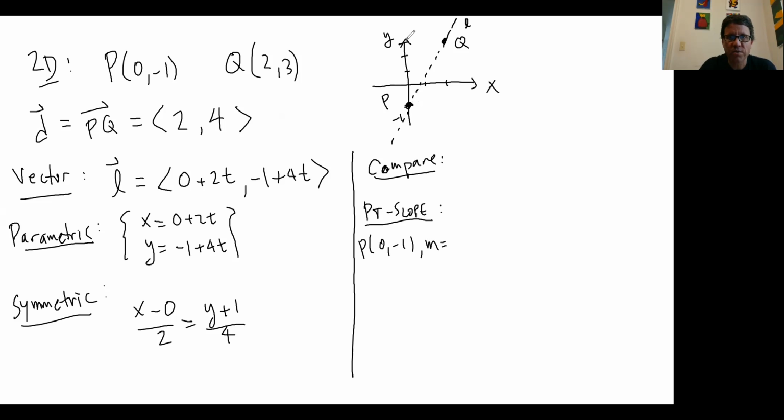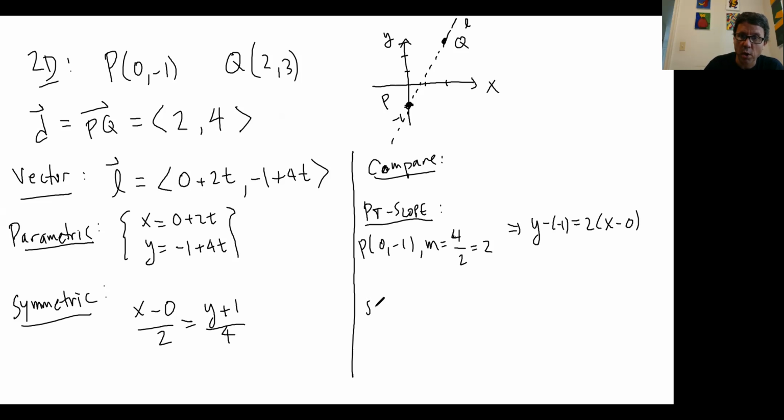The rise is 4, and the run is 2. So rise over run, 4 over 2 is 2. So the point slope form of the line will be y minus negative 1 equals 2 times x minus 0. That's the point slope form of the line.